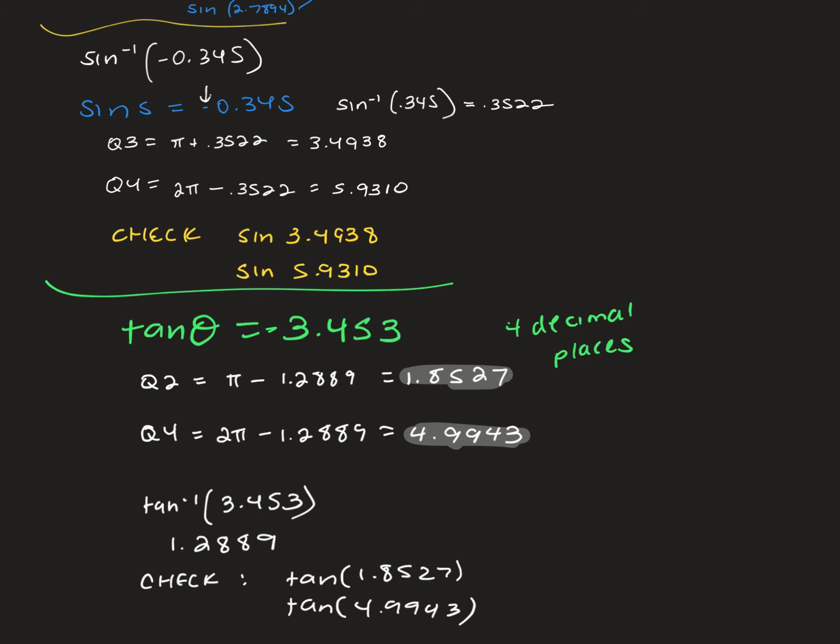I got 1.8528, but that's probably just rounding. You did 1.2889, so you want to keep whatever decimal it says to keep, make sure you keep all 4. When you do pi, make sure you use the pi button. Because I got 1.2888. So inverse tan of 3.453 should be 1.2889.